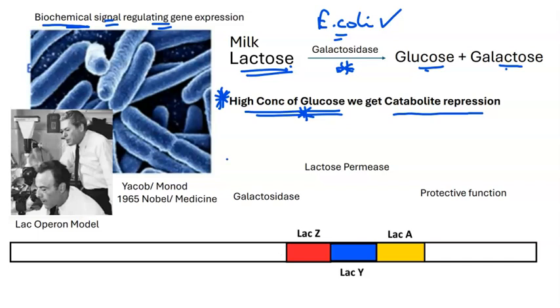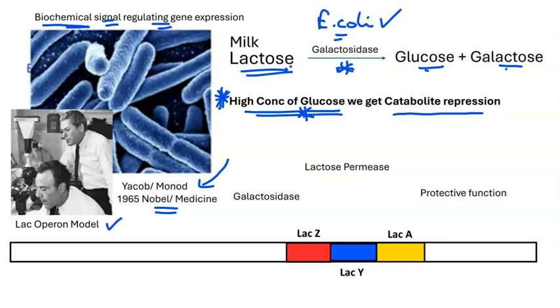This mechanism was determined by Jacob and Monod in 1965, and for this they gained the Nobel Prize in their publication of what is known as the Lac Operon model. So what we're trying to do is explain how the biochemical signal of glucose or lactose changes gene expression.